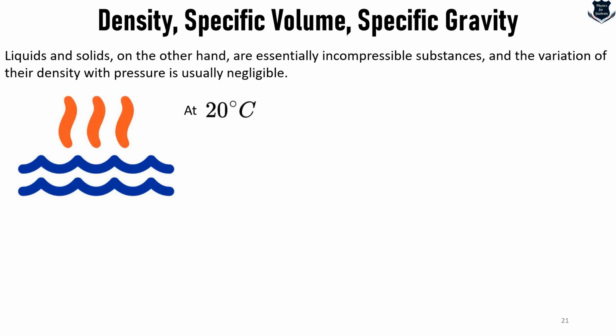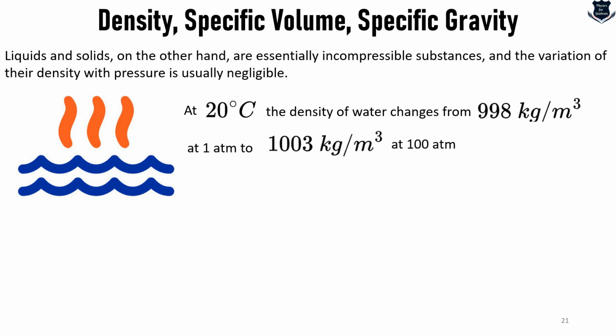Let's say this is water at 20 degrees Celsius. The density of the water changes from 998 kilogram per meter cube at 1 atmospheric pressure to 1003 kilogram per meter cube at 100 atm. That means there is a change of 0.5%.